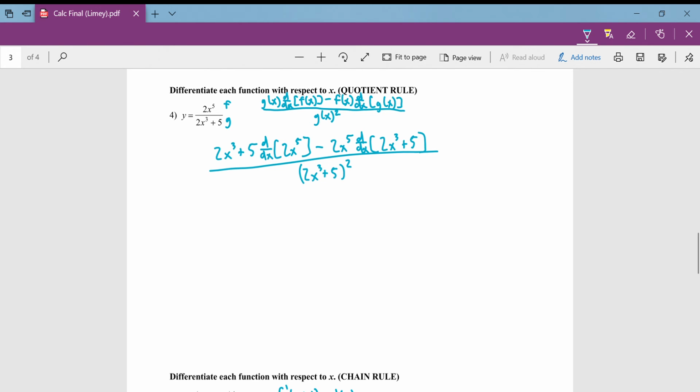So let's do the derivatives. This is power rule, so 5, 10x to the 4th minus, and power rule 6x to the 2nd, and then distribute the 10.